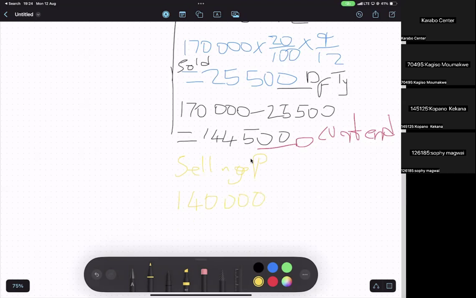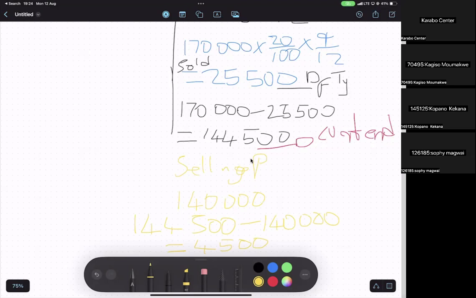Now we compare the value of our asset and how much we sold it for. The value of our asset is 144,500, but we sold it for 140,000. So we say 144,500, which is the current value of our asset, minus our selling price of 140,000, equals 4,500. So 4,500 is the loss on sale of asset.